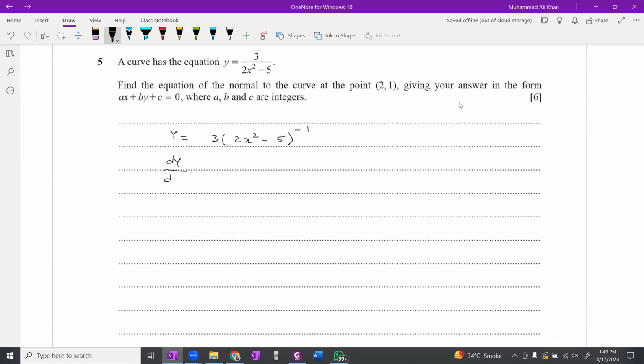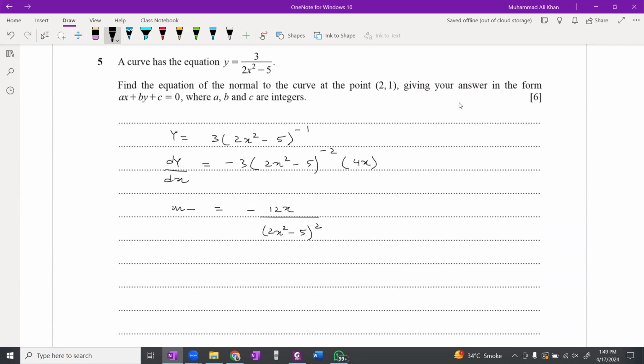Take dy over dx. So minus 3, 2x square minus 5 whole power minus 1 minus 2. Derivative of the base is 4x. So finally it will be minus 12x over 2x square minus 5 whole square.